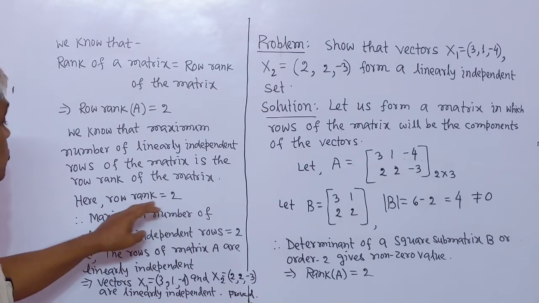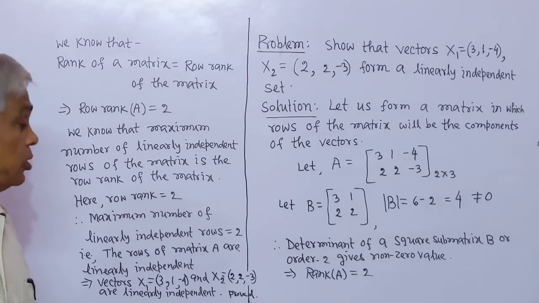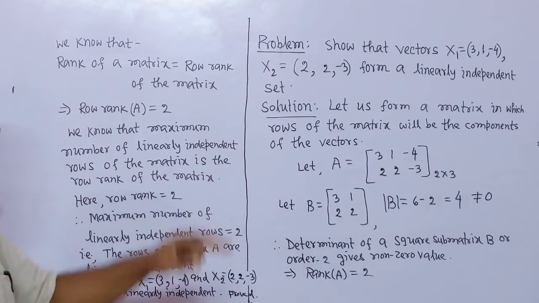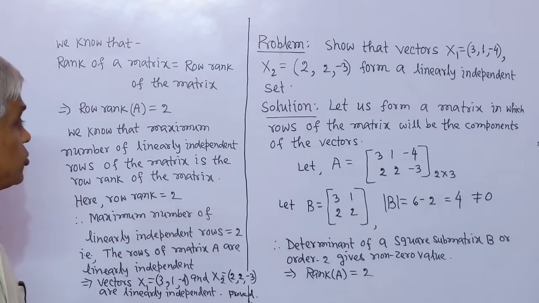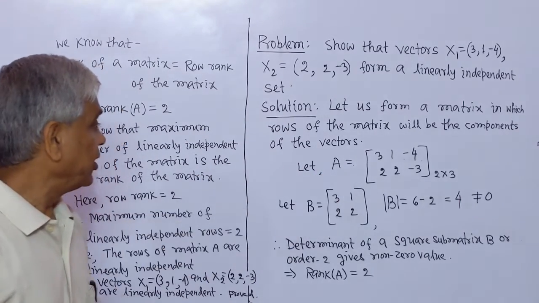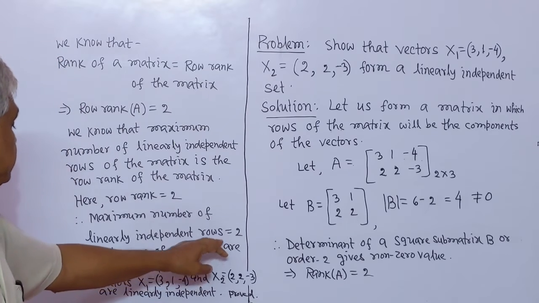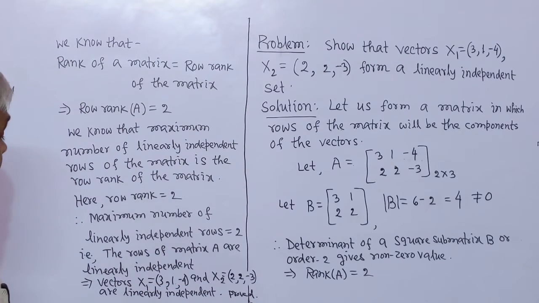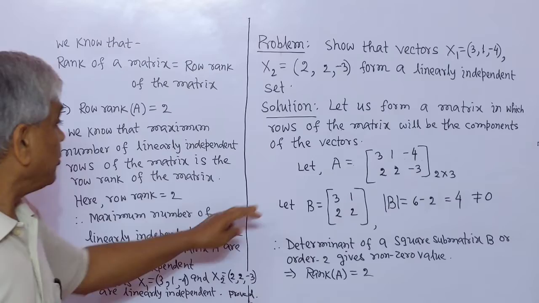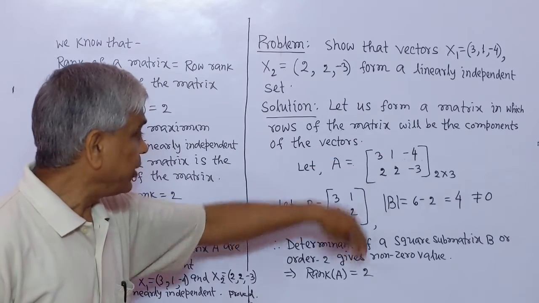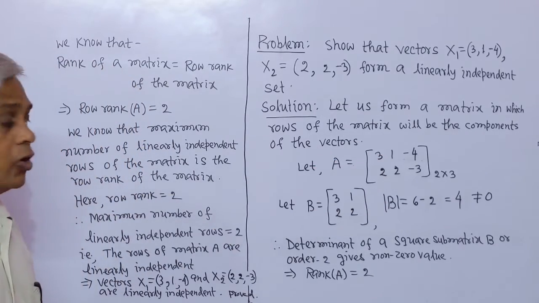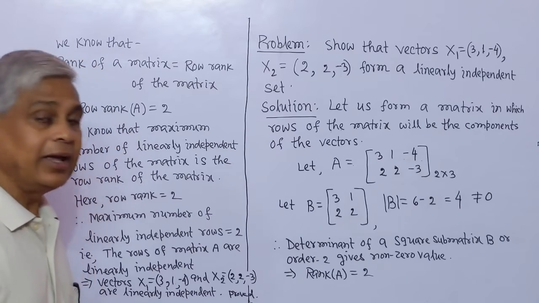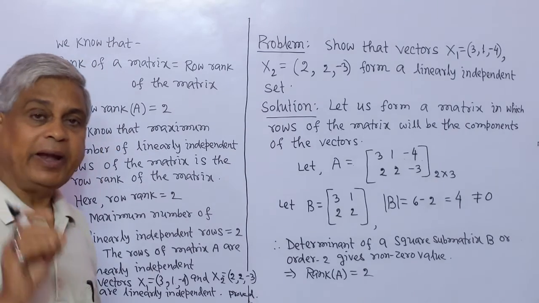Here the row rank is 2, so the maximum number of linearly independent rows of this matrix A is 2. Here we have 2 rows, which means the rows of this matrix are linearly independent.